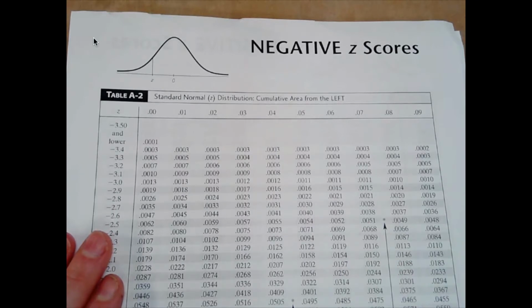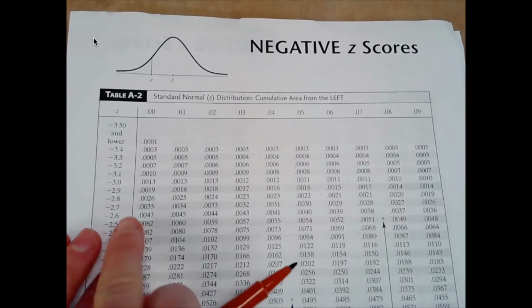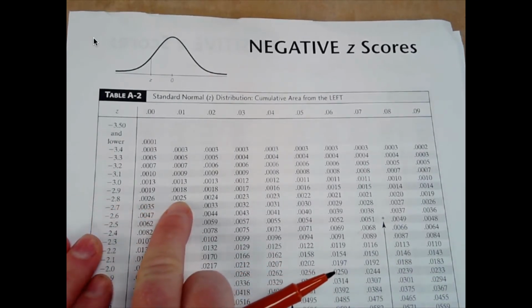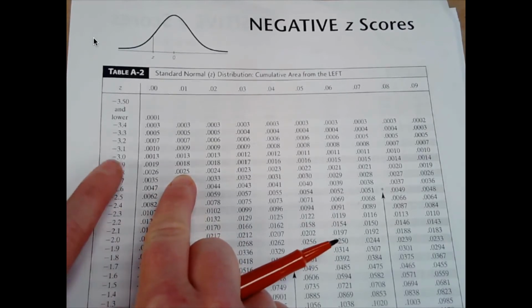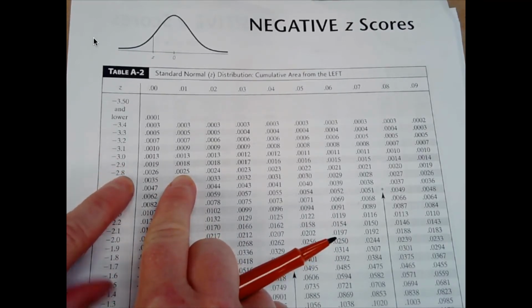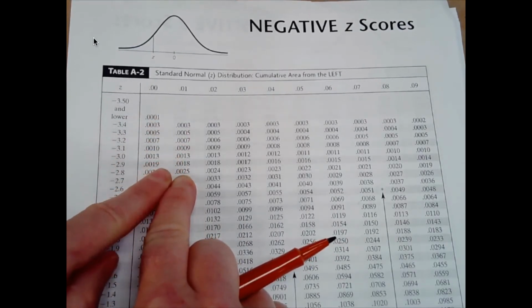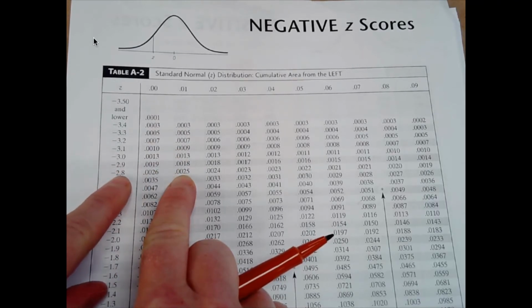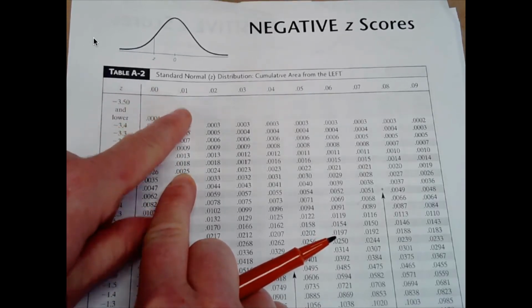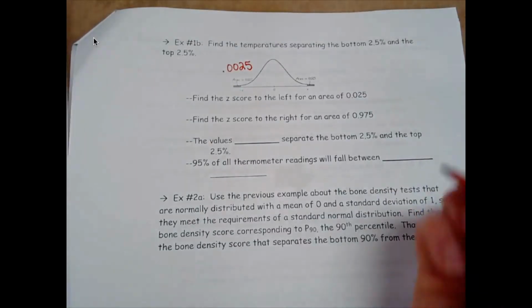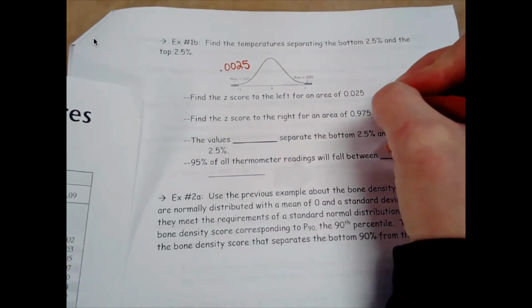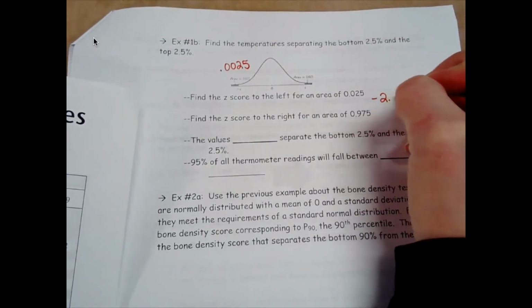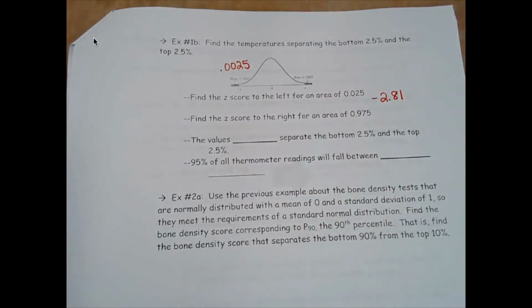Have you found it yet? 0.0025. So it's right here. So it's at negative 2.81. See how this comes out to negative 2.8 and then come down here and that's a 1. So negative 2.81, right?